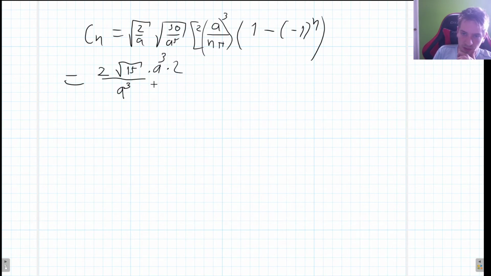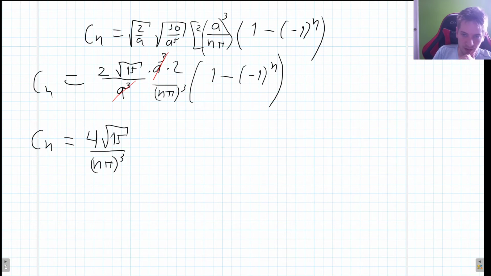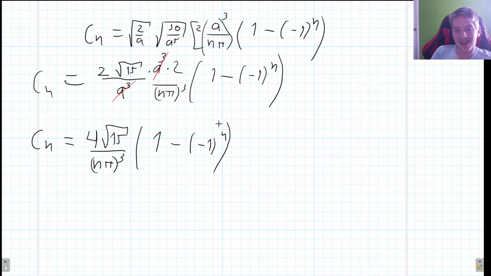And there's also a 2, and there's also this n pi cubed and 1 minus 1 to the nth power. So we can just cancel this with this. We can put this 2 and 2 together. So what we get now in the end is that these coefficients are 4 times the square root of 15 divided by n pi cubed times 1 minus 1 to the n. Okay, so these are the coefficients that we were looking for.